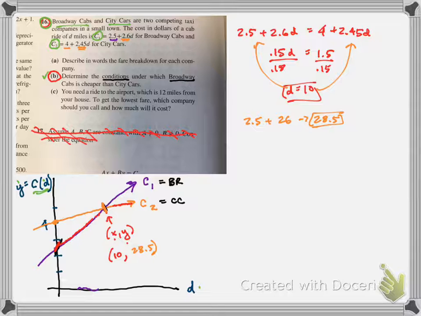Is that miles? Okay, it is miles. At a distance of 10 miles, our cost is 28.5 for both. The answer to our question, determine the conditions under which Broadway Cabs is cheaper: Broadway Cabs is less expensive when D is less than 10. That's our answer. Not less than or equal to, because at 10, they have the same cost.